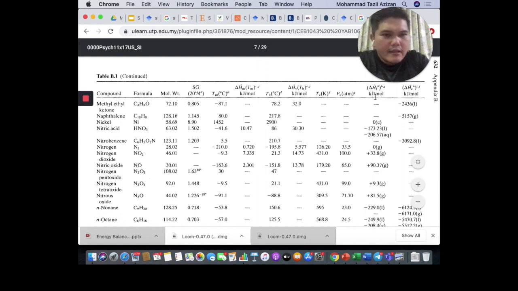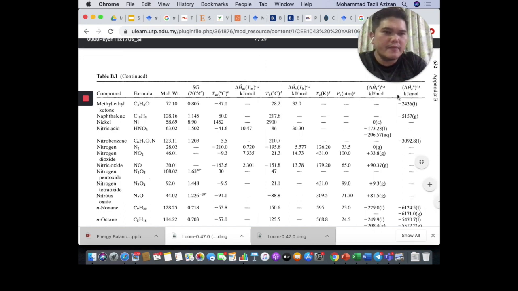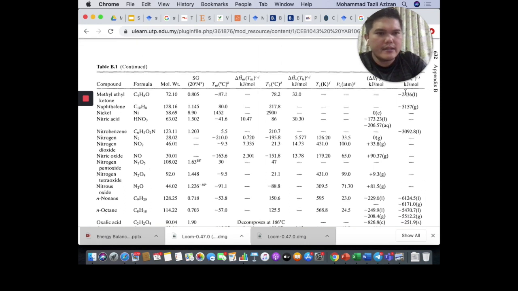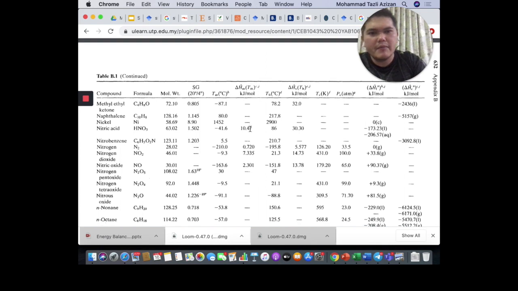The heat of formation we will use more in the energy balance for reactive systems, and the heat of combustion. This is given in this particular table.